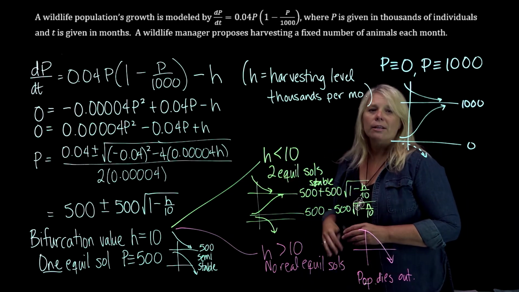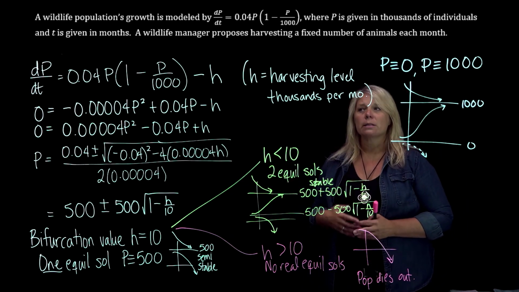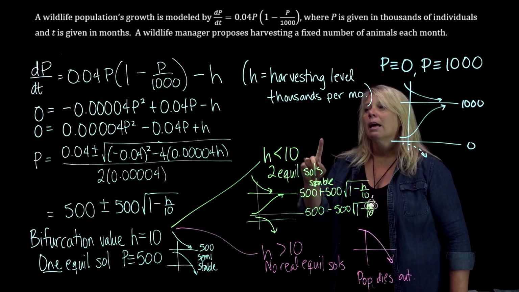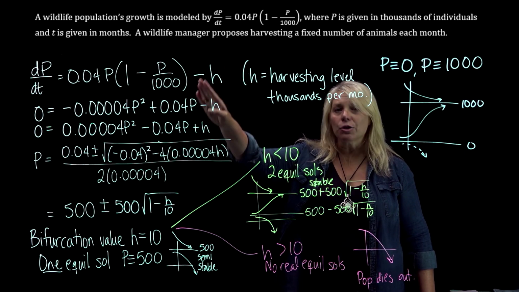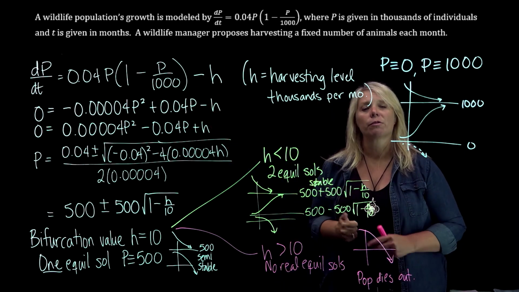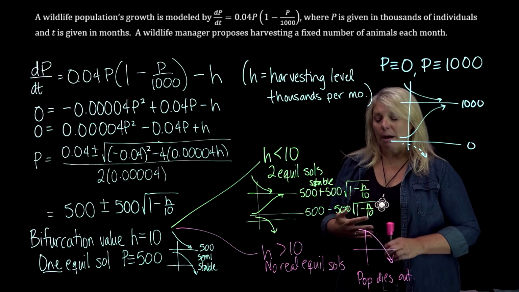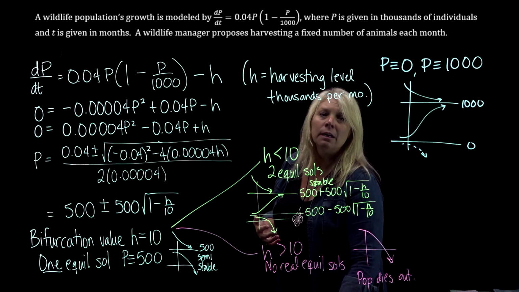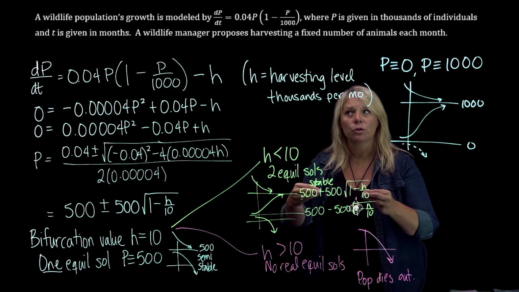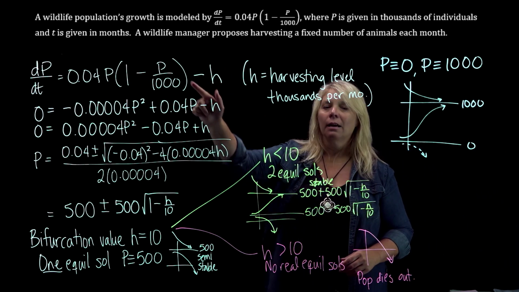All right, so there are some problems in your homework like this where they describe different sorts of population models to start with and different sorts of changes to that. This is one where we started harvesting or removing individuals from the population. There could be a model where you have immigration, where more parts of the population come in, and so that would be adding a level.